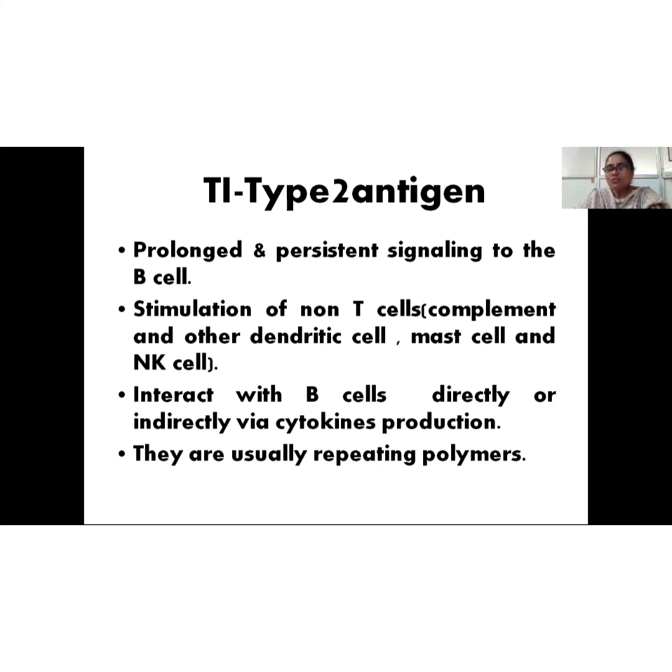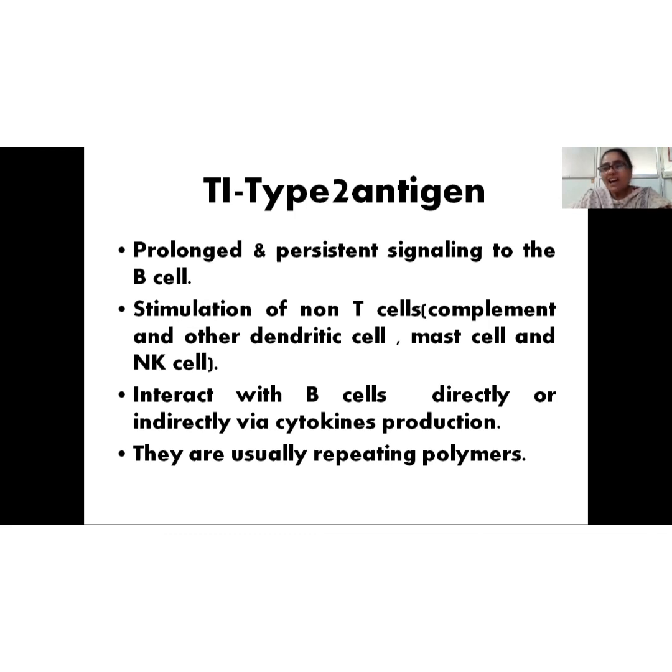Type 2 is the one which is causing prolonged and persistent signaling, and because of this, the B cell also signals to some other non-T cells and interacts. Here T helper cells are not needed since it is T cell independent.